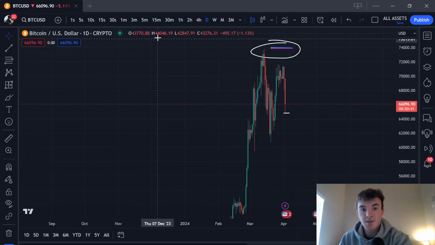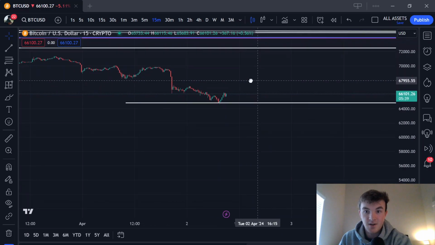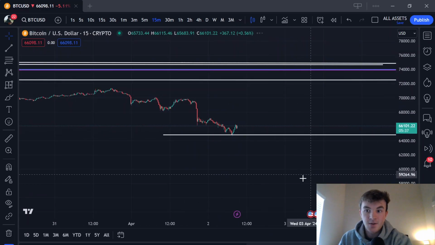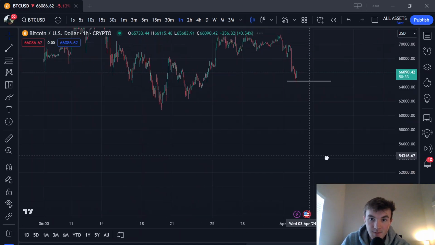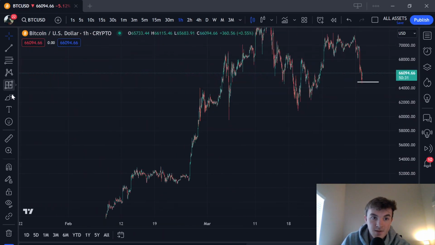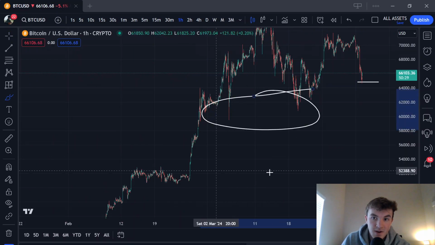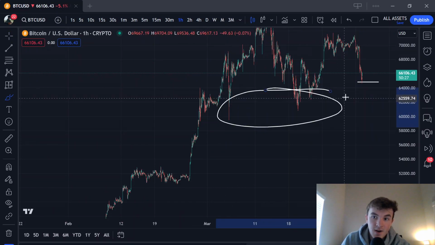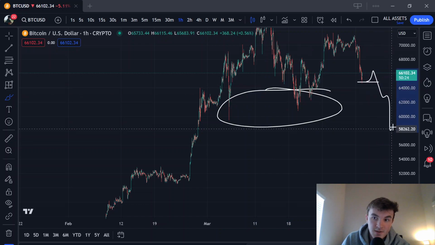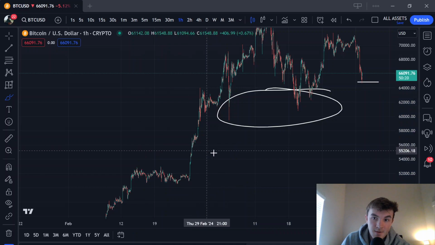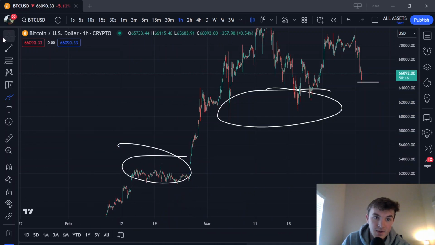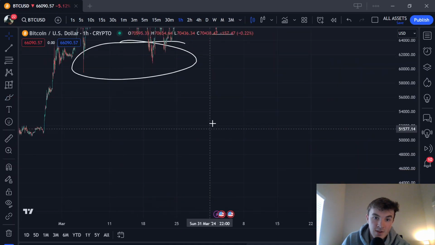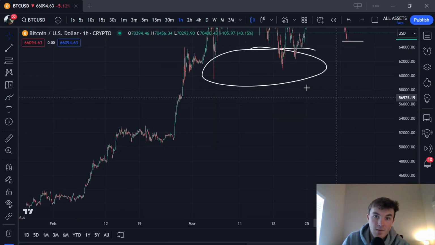Possibility number 2, and you could see, look, it's already reacting off that level already. So it's really interesting. Possibility number 2 is it wants to take out all these first, right? If it takes out all these first, that's fine because it's going to come down here, come to this gap, this consolidation, and it's going to use that as this launch pad for higher prices.